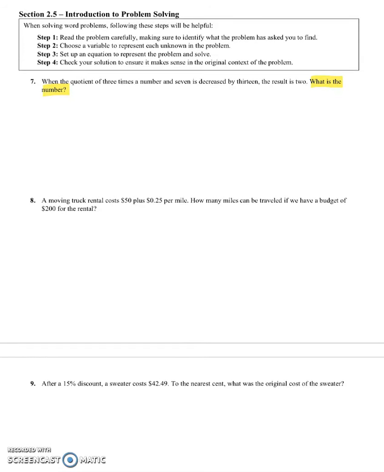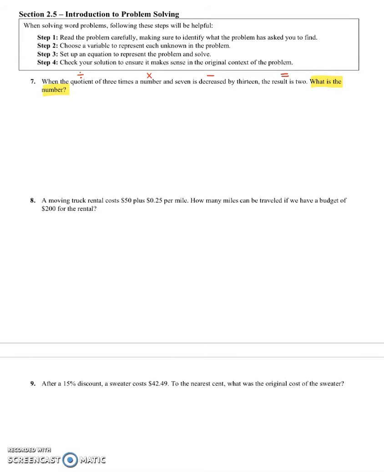So let's call that number x. What else do we know? It says when the quotient, well, quotient means divide, of 3 times a number and 7 is decreased, which means subtract, by 13, the result is 2. So that means equals 2.